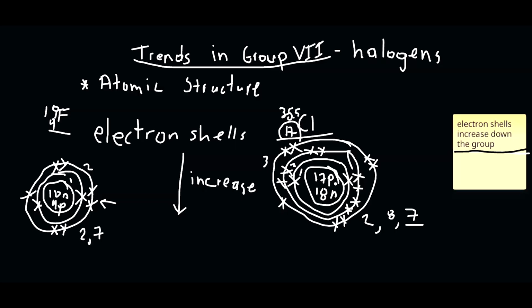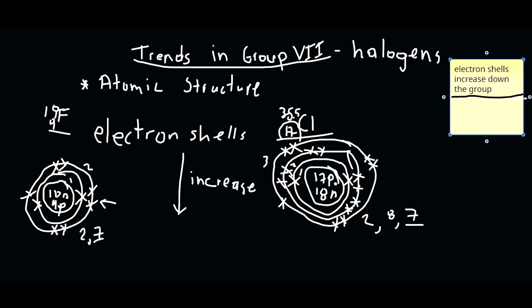The next thing we're going to be looking at is the atomic radius, which we already identified as it relates to group 2. Now, what do you think about the atomic radius?